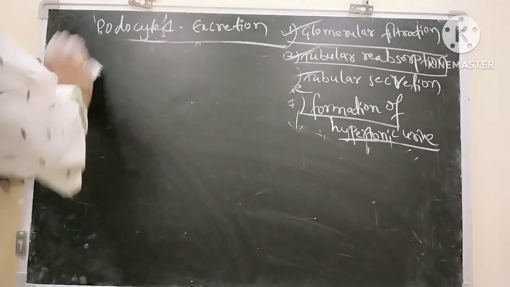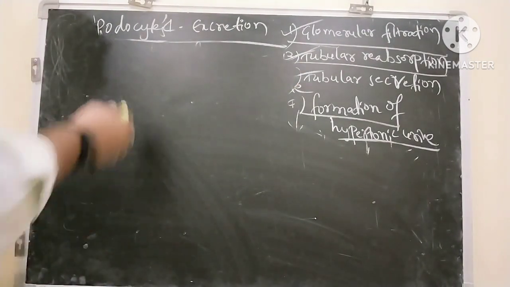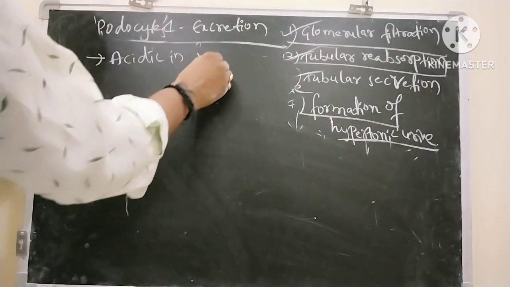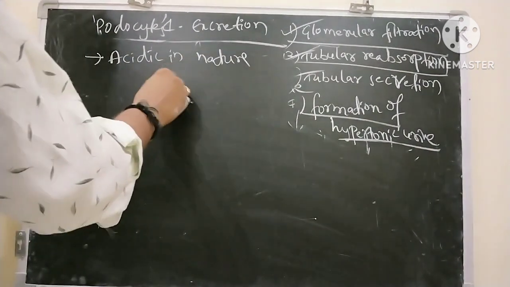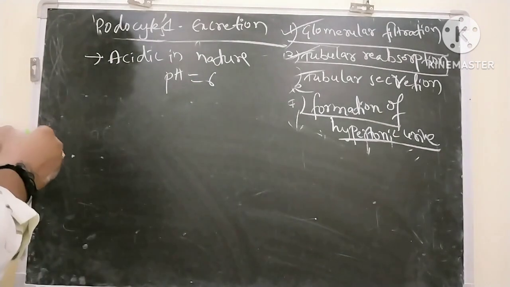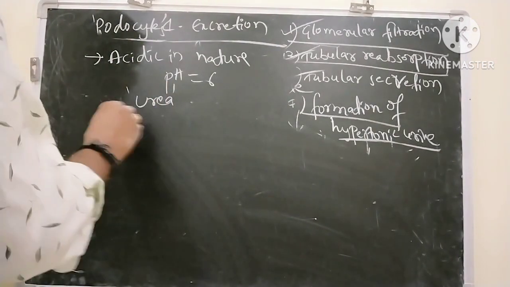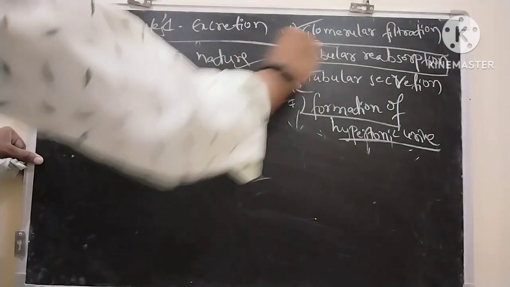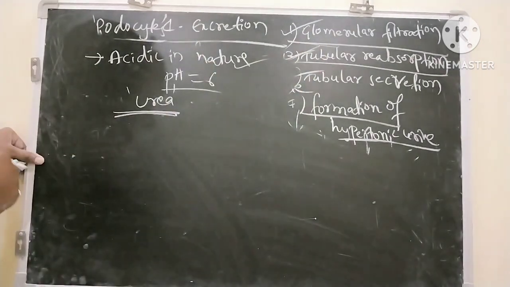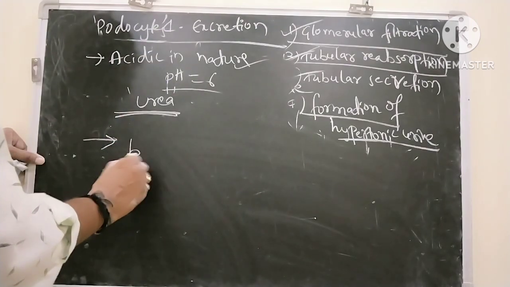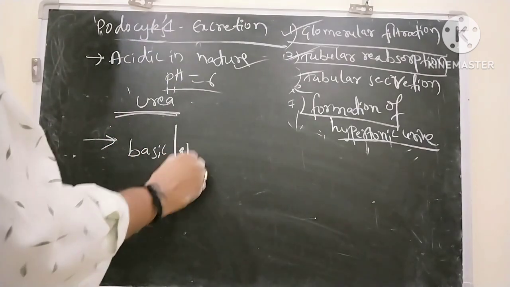Actually, urine is acidic in nature in the beginning. Its pH value is 6 in the beginning because of the presence of urea. Later it changes into basic or alkaline nature.